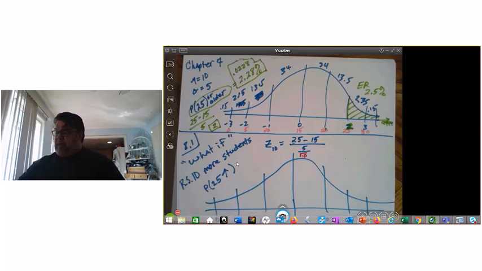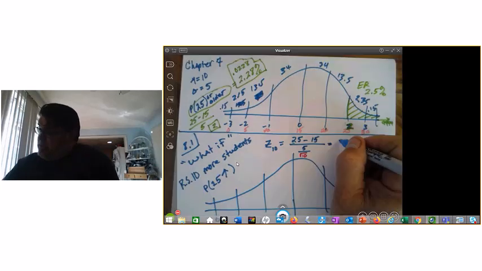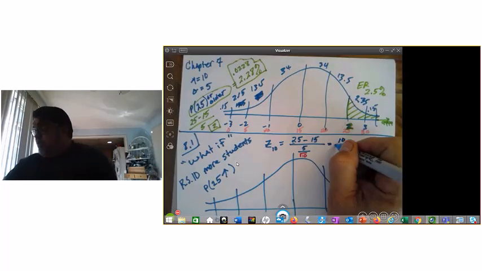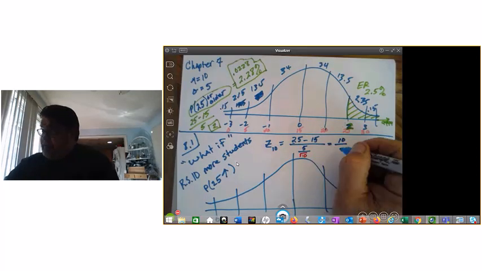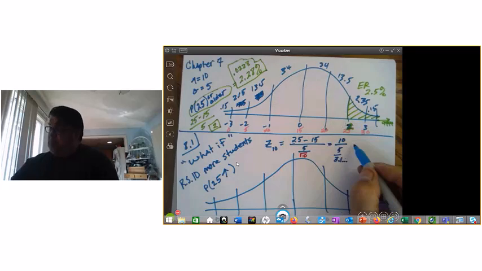So somebody do the math for me right quick if you don't mind. That's going to be 10 over square root of 10 is 3.1. 5 divided by 3, I have no idea. I'm just going to put 5 divided by 3.1-ish. Okay, somebody give me that number.